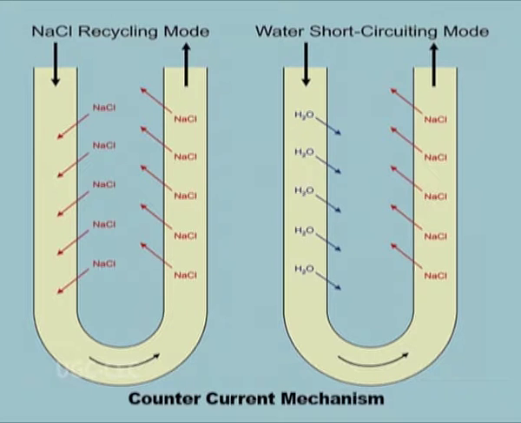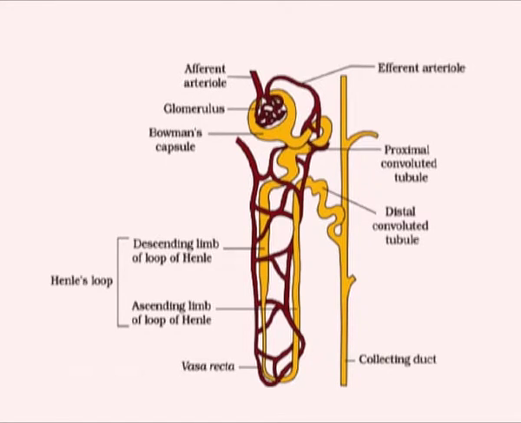These limbs operate the countercurrent mechanism to make the urine hypertonic in nature. The third region of the nephron is the DCT, which is farther away from the Bowman's capsule than the other regions. The DCT is similar to the PCT in structure and function.